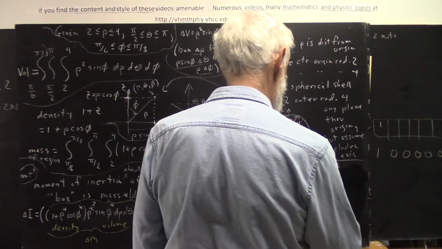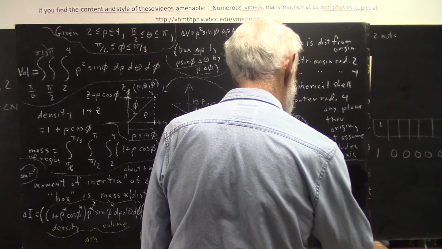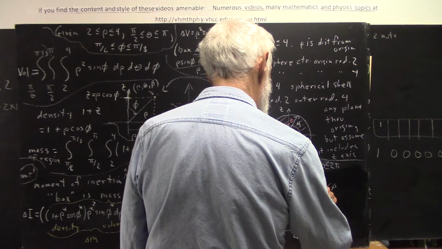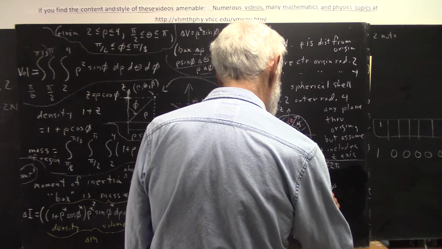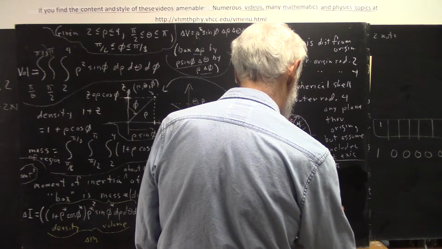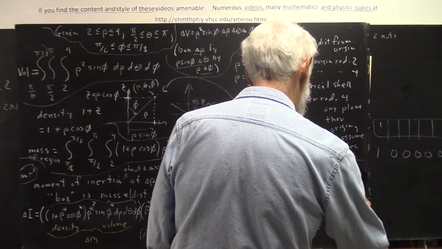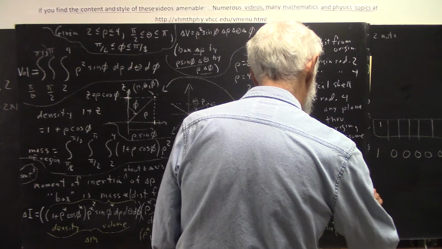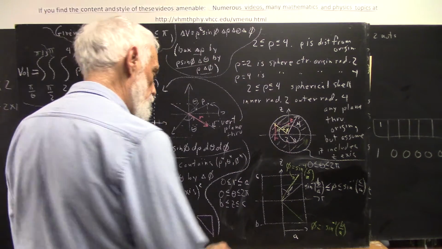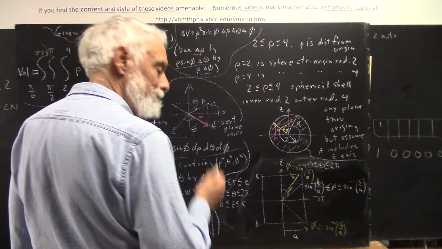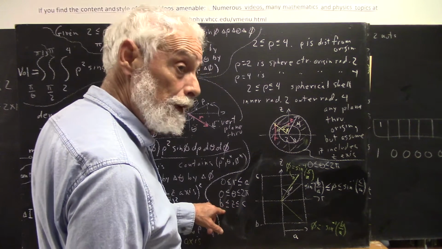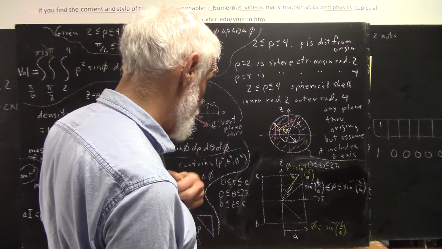Phi has to be greater than or equal to the inverse sine of b over a, and less than or equal to the inverse sine of c over a. Now I'm going to assume here that c is greater than b, but that's obvious by the transitivity of inequality, so I don't have to really write that down.